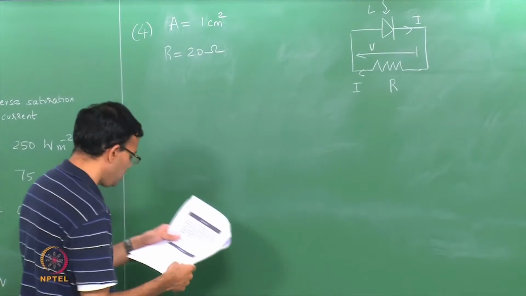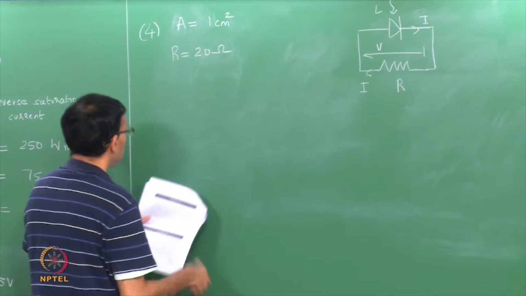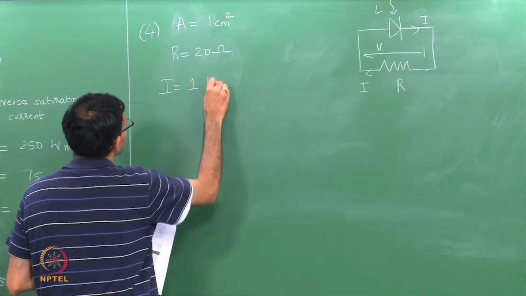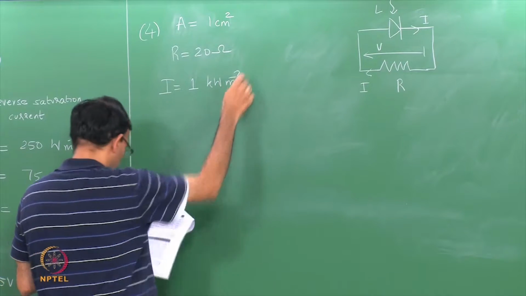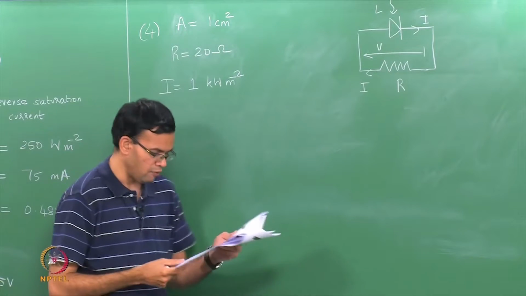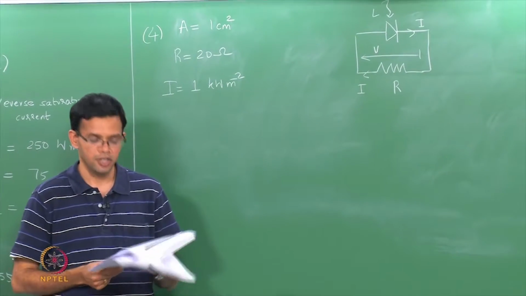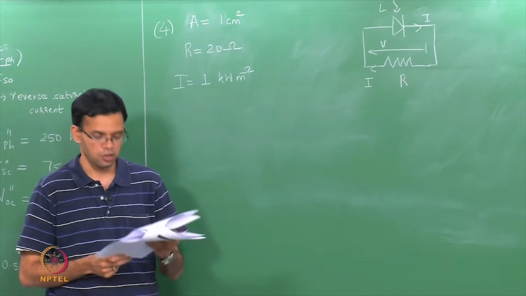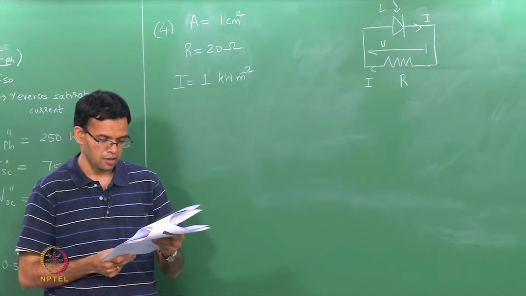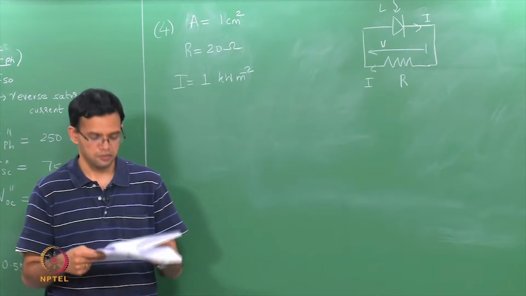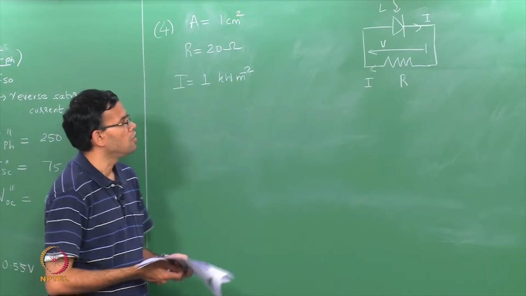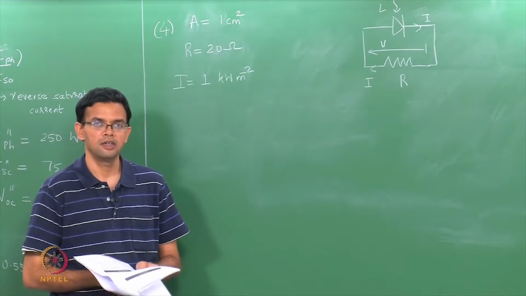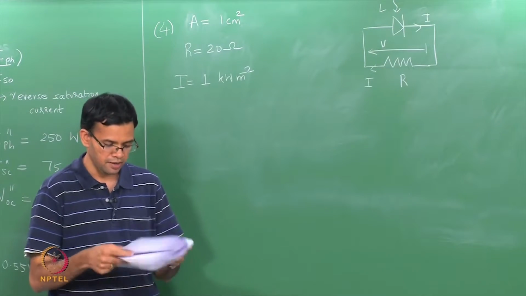So, that is 1 kilowatt per meter square. And we want to calculate the voltage in the circuit when the intensity is 1 kilowatt per meter square. The corresponding value of current for that is given. So, in the question, along with how the solar cell is connected, we are also given its IV characteristics.